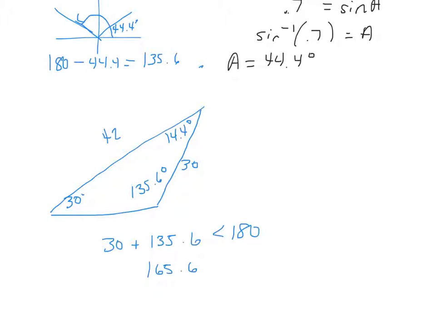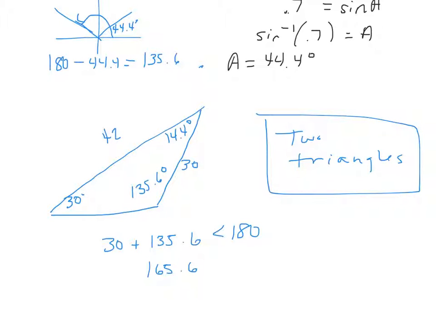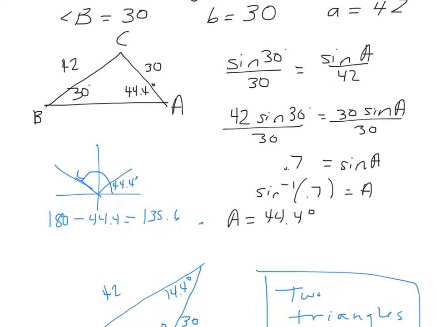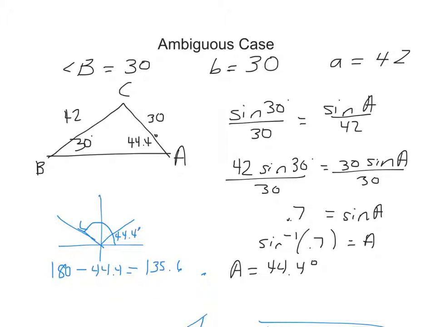So that's why we have two triangles here. So I have my first triangle with 30 degrees, 44.4 degrees, and 105.6.